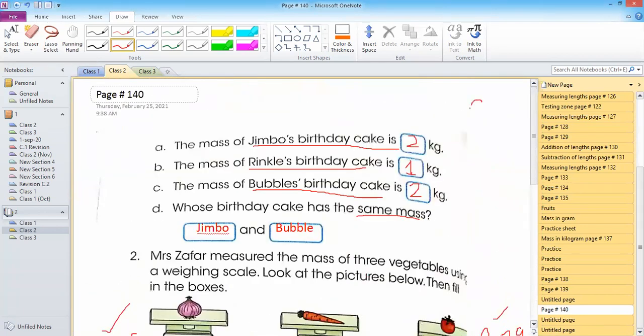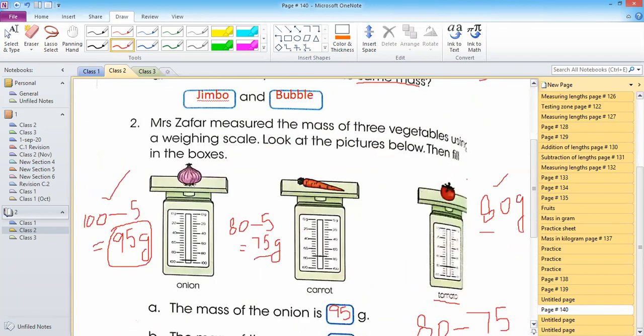So look here guys, this is 95, this is 80. 5 minus 0 is 5, 9 minus 8 is 1. This is 15. 95 minus 80 is equal to 15.